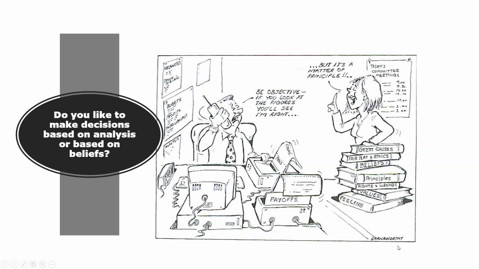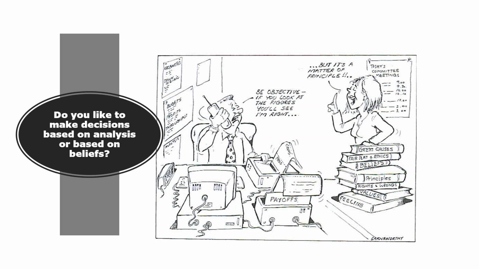So if you look at this cartoon in front of you, it should be coming up on your screen at some point. Here we go. You can see that the person on the left-hand side is very, very analytical. Look at the way he is working, and there's no correlation between male and female here. It's just a cartoon of two people, but you'll notice that on his wall he's got all of these lists, and he's being objective.